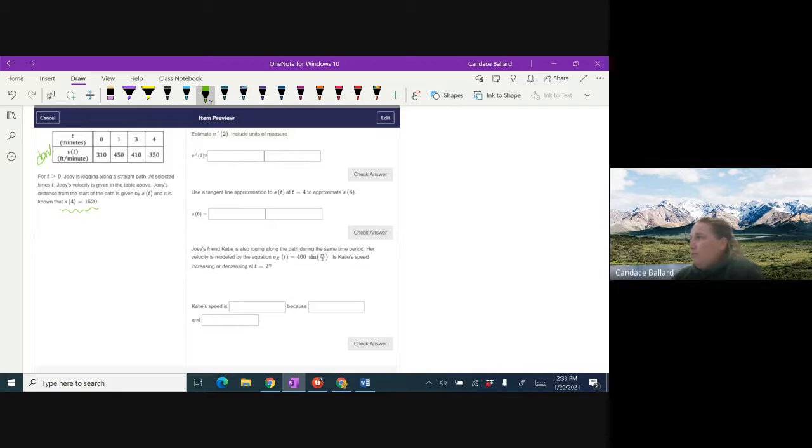We have a table. We've got to find the derivative of something. So we're actually, good job, going to use the slope calculation. I need to look at the numbers that surround 2. 2 would be between 1 and 3, so I'm going to use these values right here. So v prime of 2 is just going to be the t values, 3 minus 1.